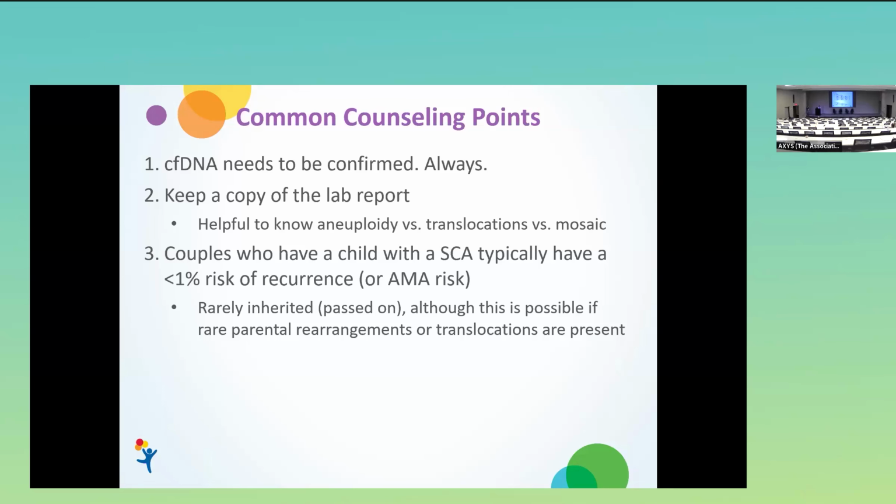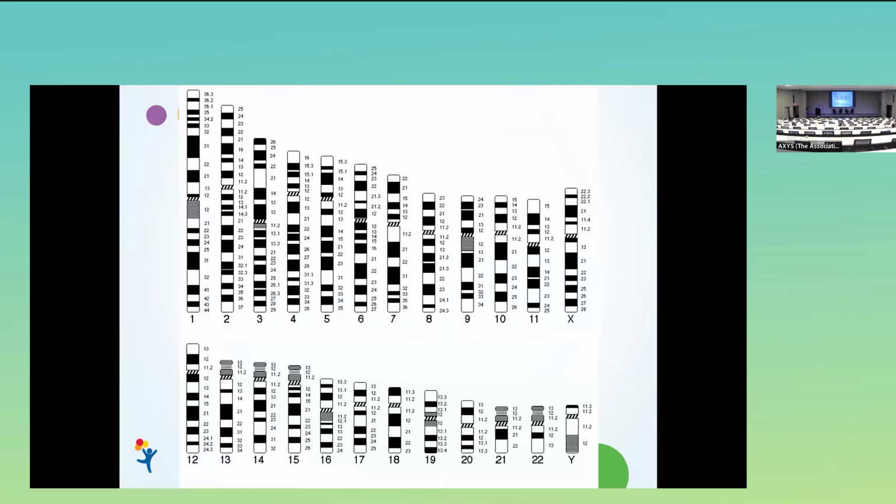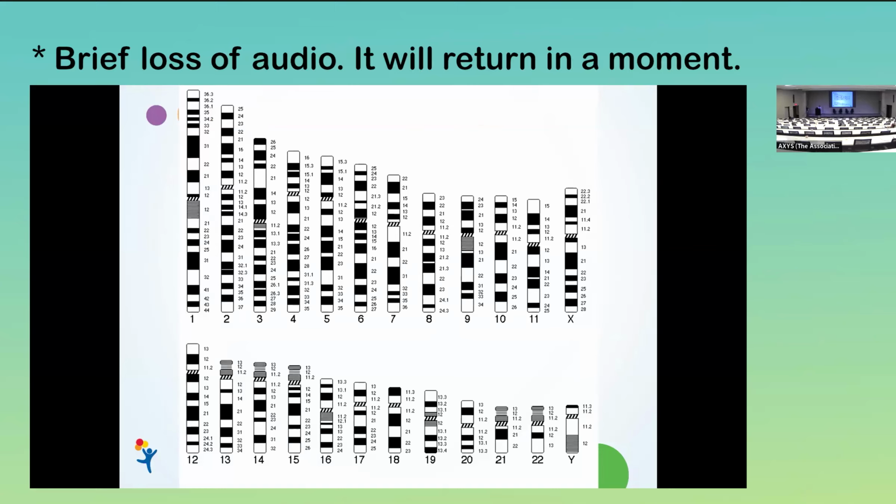Okay, so we're going to talk a little bit more about, when we have these conditions, how that relates, from a chromosome perspective, to the child and some of the symptoms that we can see. And so we recognize that the size of the chromosomes that carry our DNA often reflects the number.